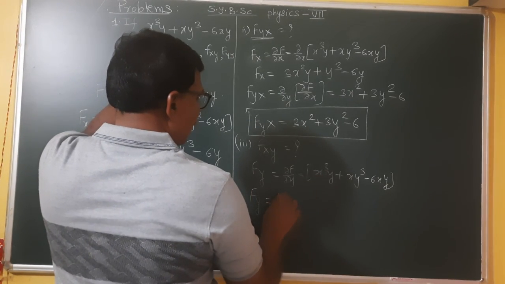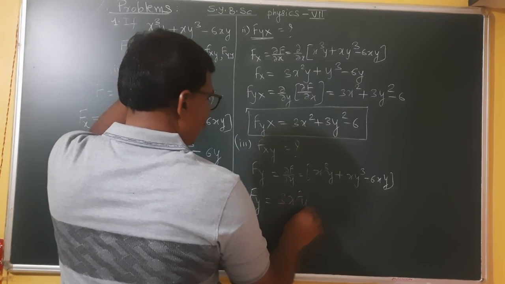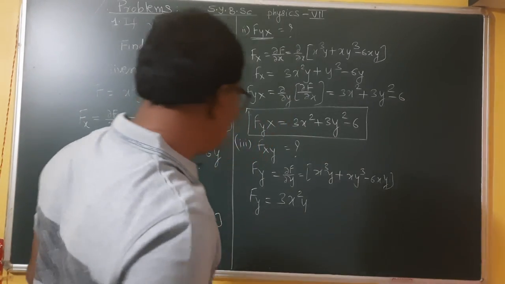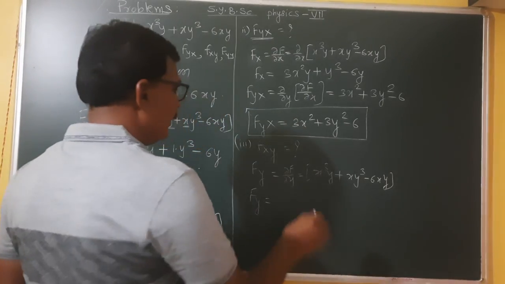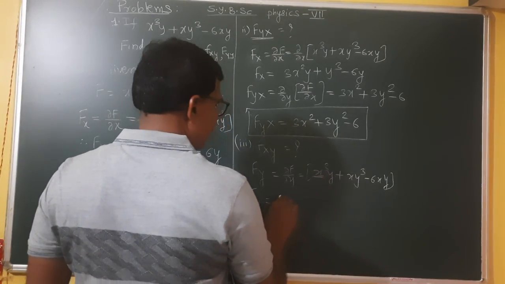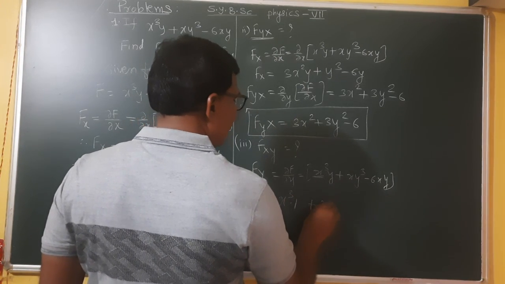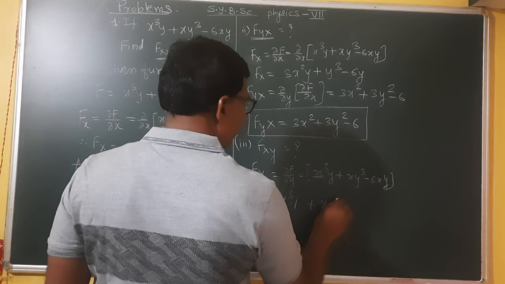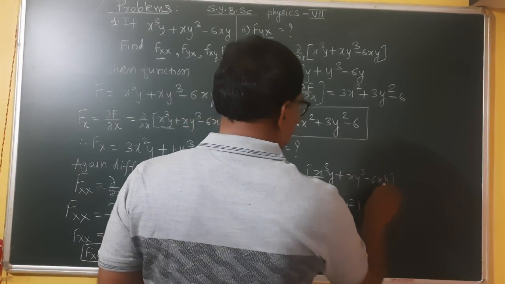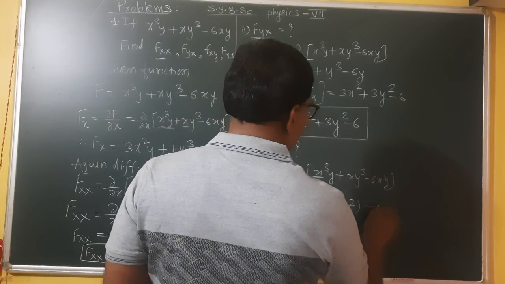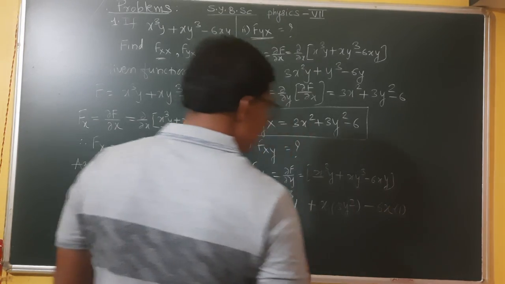is equal to what we have to say, 3 into x square with respect to y. Again this is the same, x cube into 1 plus x as it is, y's derivative 3y square, minus 6x into 1, right?